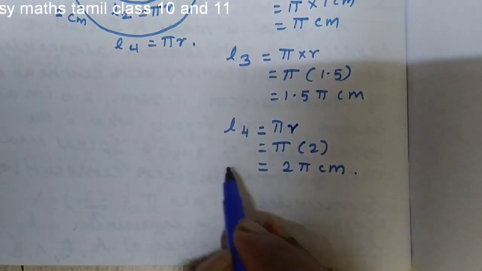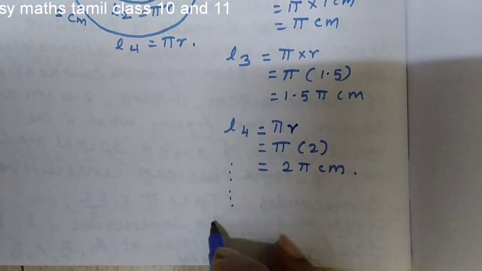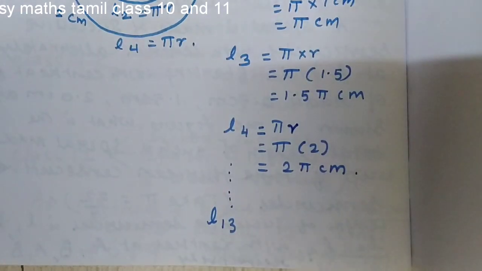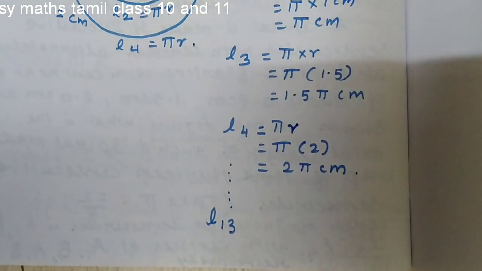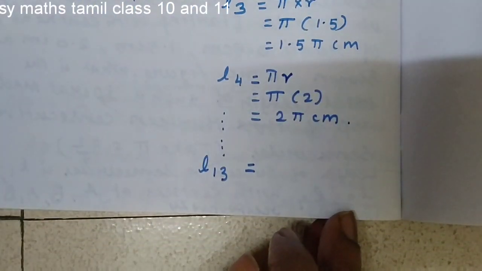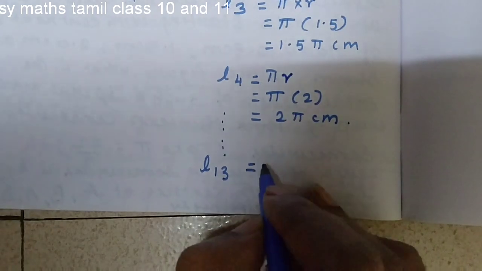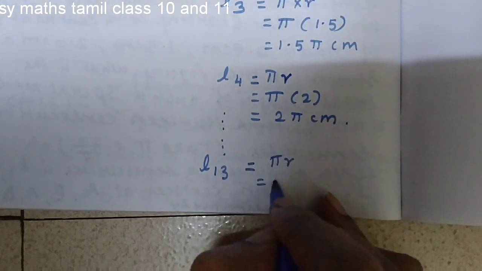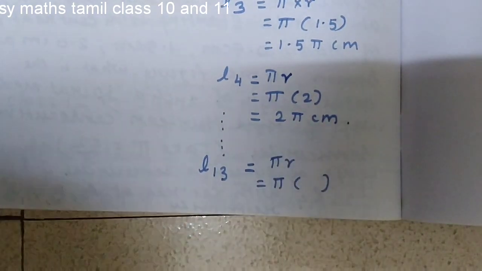L1, L2, L3, L4 and so on till L13. For the 13th semicircle, pi into r.